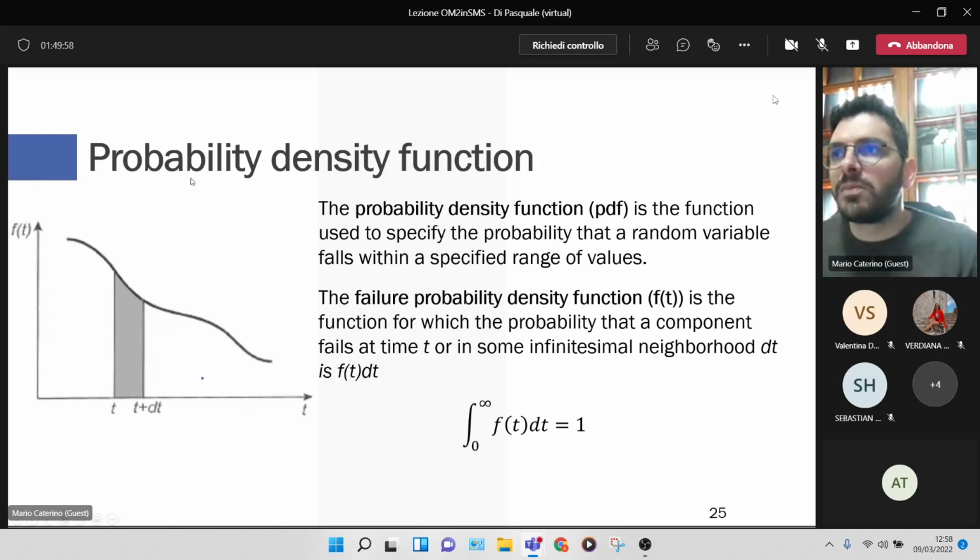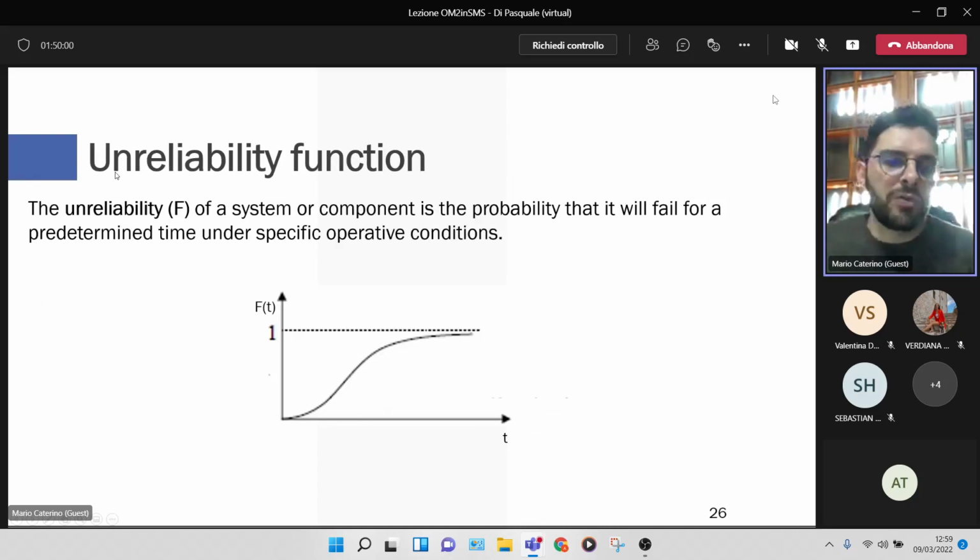Now, we also need to define unreliability. We define reliability as the probability that the system performs as specified without interruption over an entire interval. The unreliability is exactly the opposite.